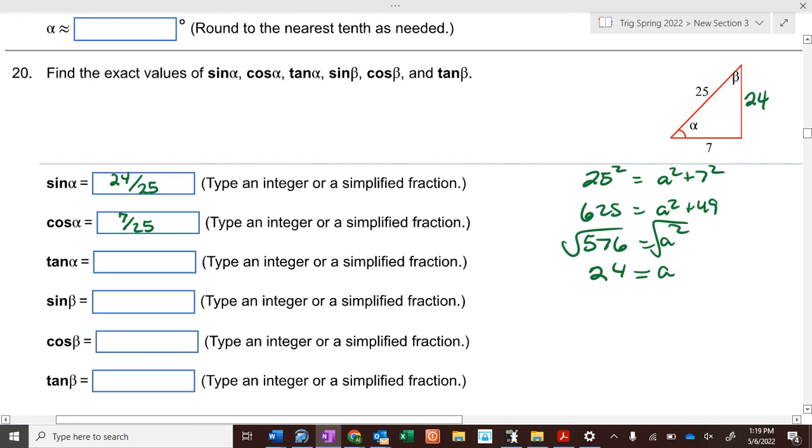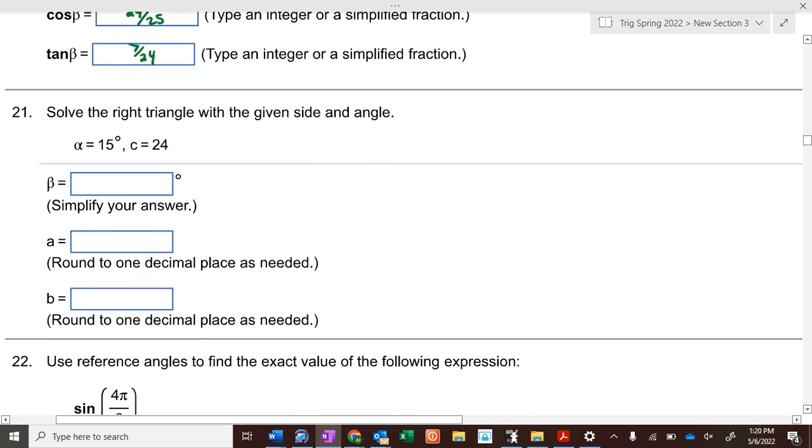Tangent of alpha, opposite over adjacent, 24 over 7. Sine of B, 7 over 25. Cosine of B, 24 over 25. Tangent of B, 7 over 24. There we are. Okay? Cool.